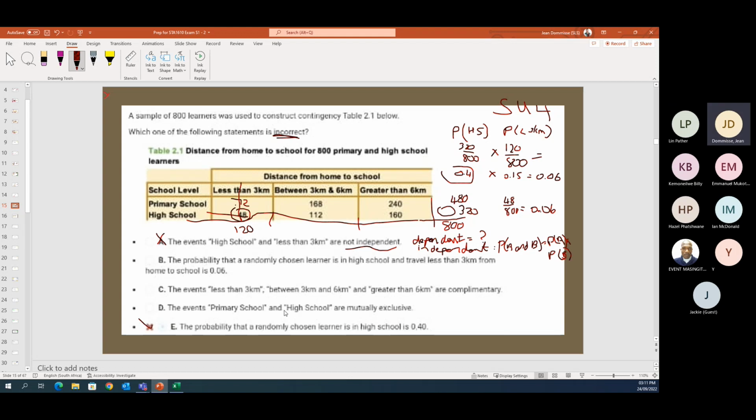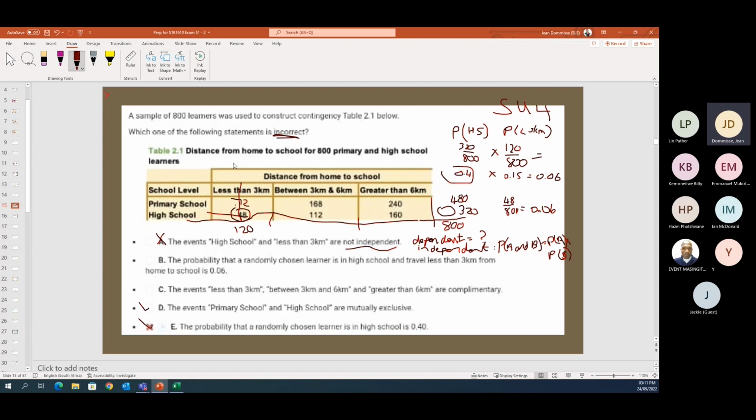Events primary school and high school are mutually exclusive. Yes, it is mutually exclusive. Mutually exclusive means that you can't be in both, so you can't be in high school and primary school at the same time. So that is correct.